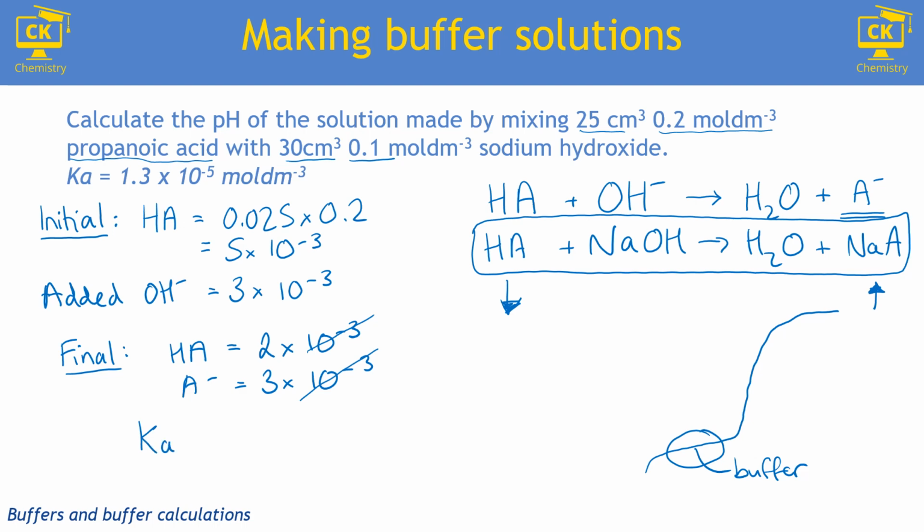Ka equals H plus times A- at the top, 3, HA at the bottom, 2. I mean, you can put the 10 to the minus 3 in if you want. It's a lot of things to type on your calculator and it's not necessary because they cancel out, as they're top and bottom.